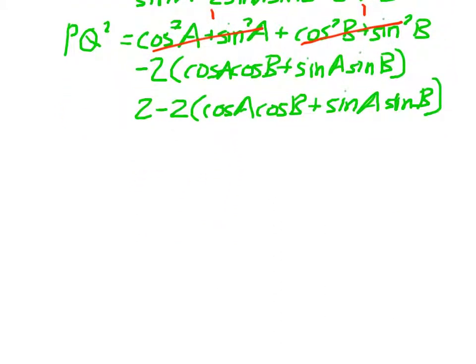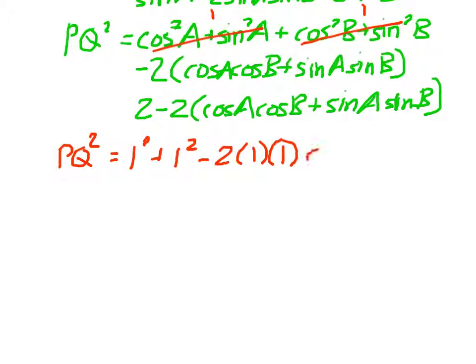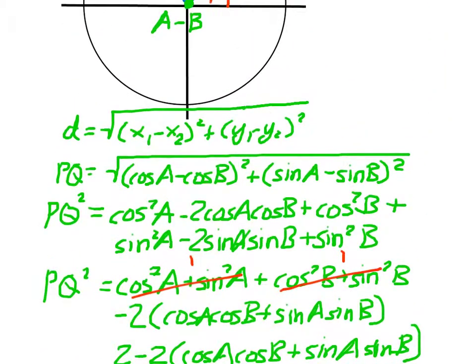Let's take a look at this from another angle, pun sort of intended here. Through the cosine rule, which we learned in a previous section of this chapter, we have PQ squared equals 1 squared plus 1 squared minus 2 times 1 times 1 times the cosine of A minus B. And you can go back and look at the diagram up here, right?